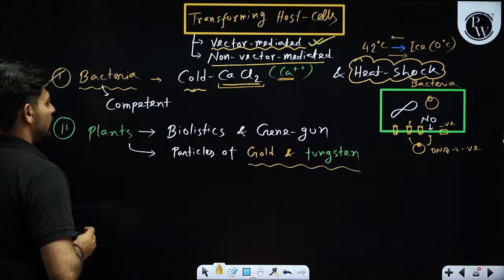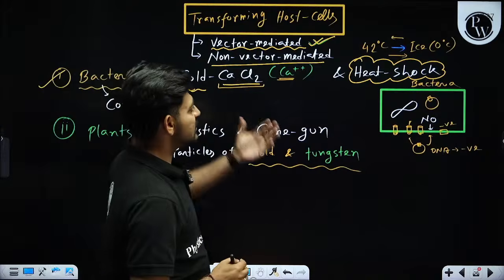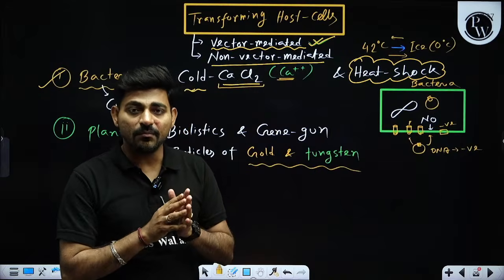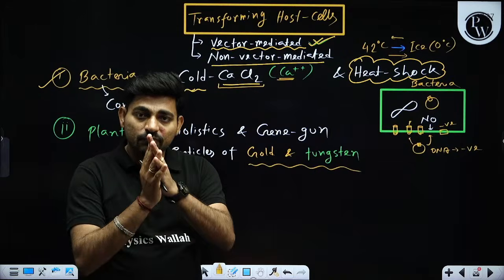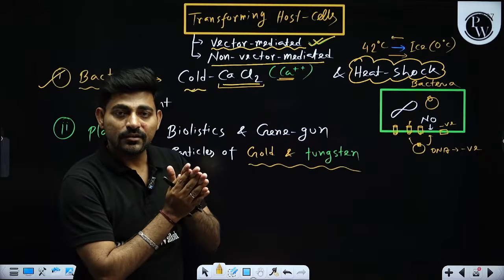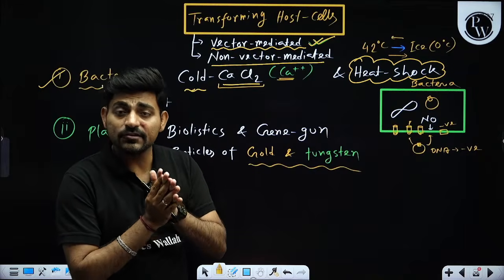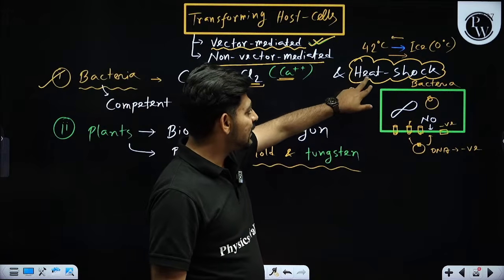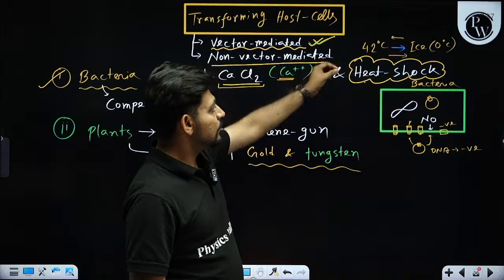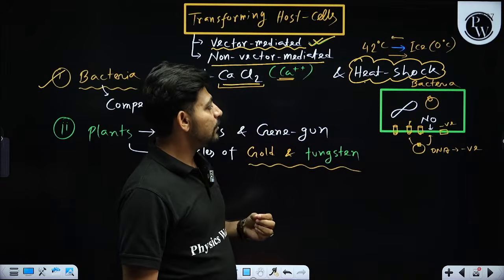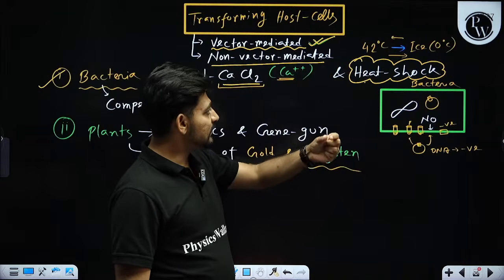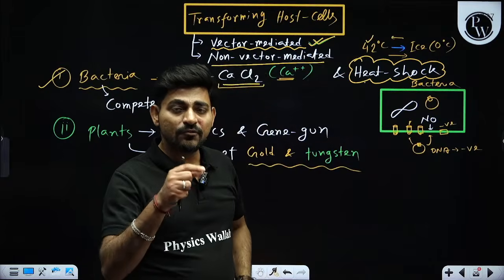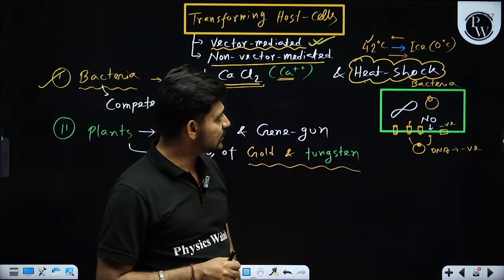This chilled calcium chloride will make the cellular envelope more permeable, more welcoming to the recombinant DNA or the gene of interest. And for the heat shock method, you will take the bacterial culture and put it at a temperature of 42 degrees Celsius, in a medium where the surrounding is 42 degrees Celsius.